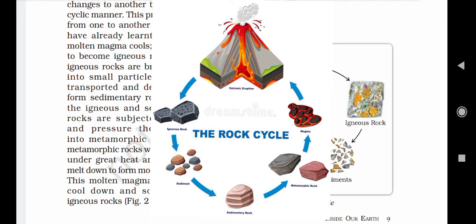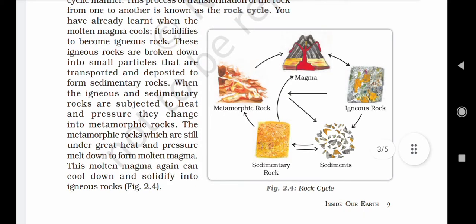These igneous rocks are broken down into small particles that are transported and deposited to form sedimentary rocks. When the igneous and sedimentary rocks are subjected to heat and pressure, they change into metamorphic rocks. The metamorphic rocks, which are still under great heat and pressure, melt down to form molten magma. This molten magma again can cool down and solidify into igneous rocks. So guys, this is all about the rock cycle.